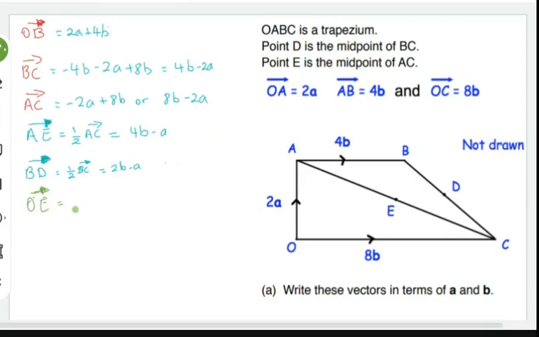To get from O to E. What path did you take? I went O to A to E. Okay, so O to A is 2A, and A to E is 4B minus A. So plus 4B minus A. What does that simplify to? Oh, 4B minus A.